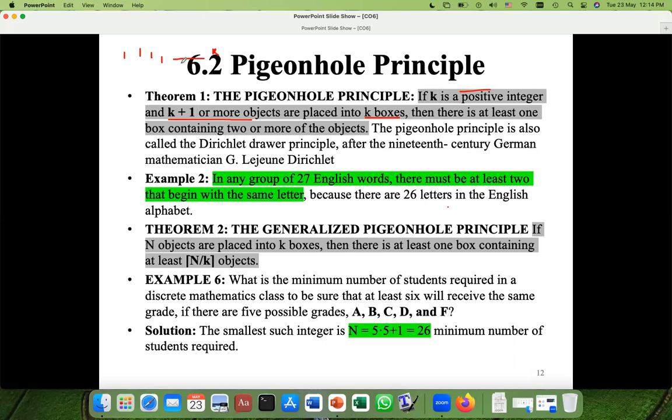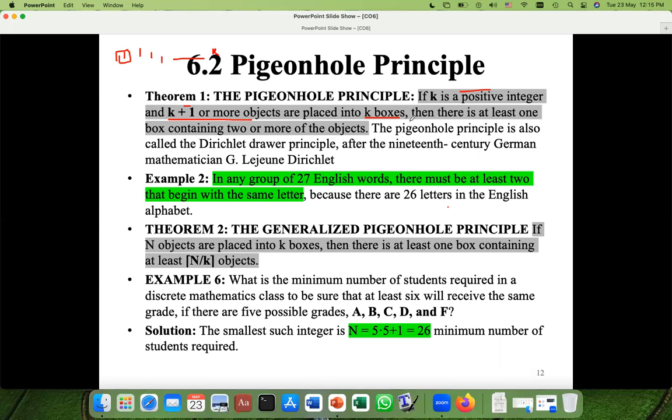The k objects are now placed. But what about the k plus 1? What about the extra one? You can place that extra one in any of these k boxes, and when you place it, that box will have two objects.